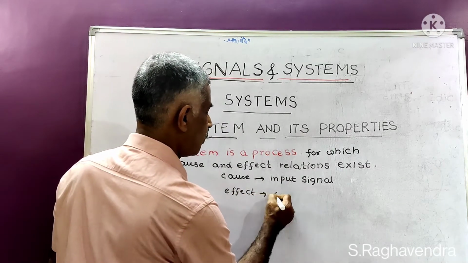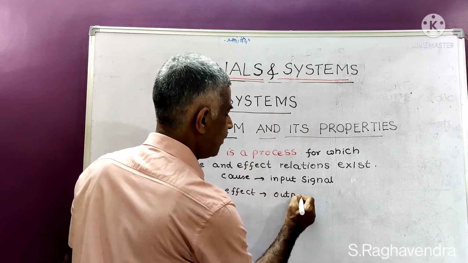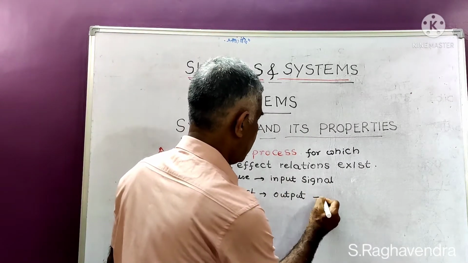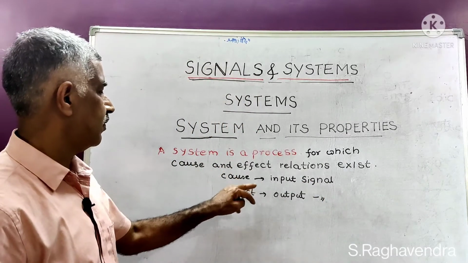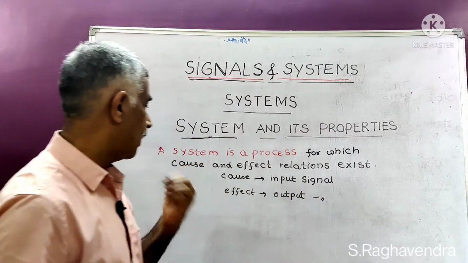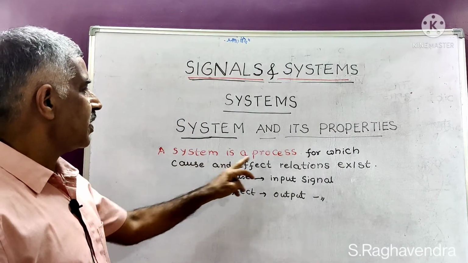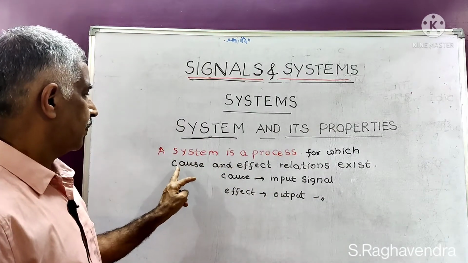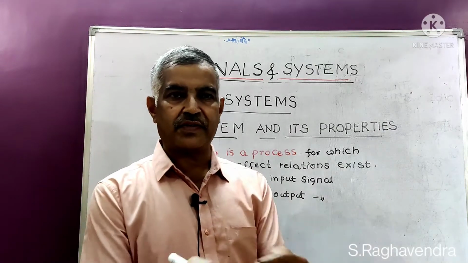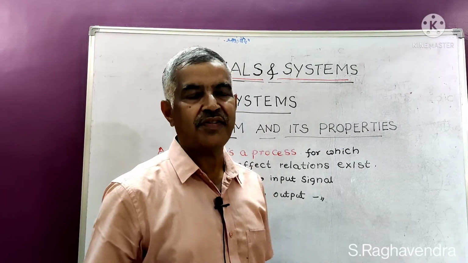Effect is output signal, and sometimes output is also called response signal. So this is the definition of cause and the definition of effect. So a system is a process for which cause and effect relations exist. In between cause and effect, you come across what is known as a system.